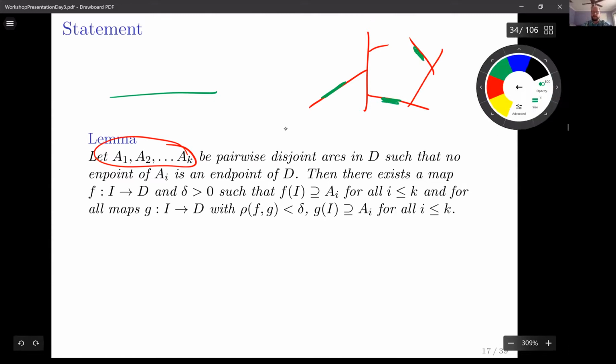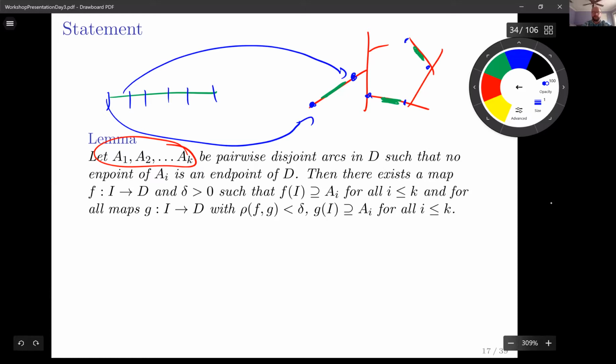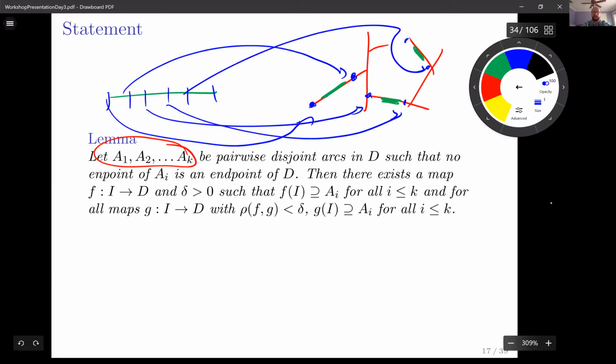And the idea behind the proof is that if we can sort of pick out a certain number of points to make sure to hit, let's make sure we hit this point, this point, this point, this point, and this point. And then if I map some corresponding points over here to those places, so this one maps to there, that one maps there, this one maps there, that one maps there, so on and so forth, then this will be a continuous map.